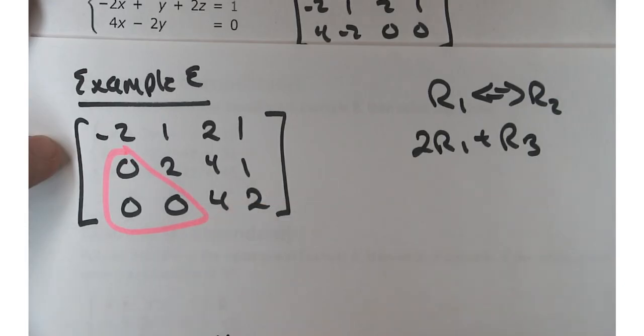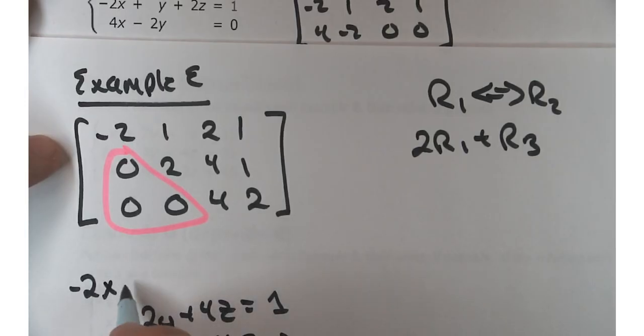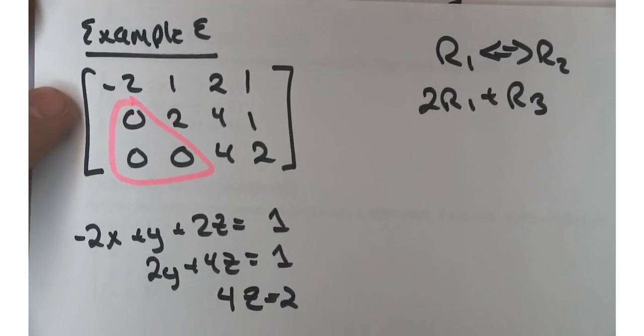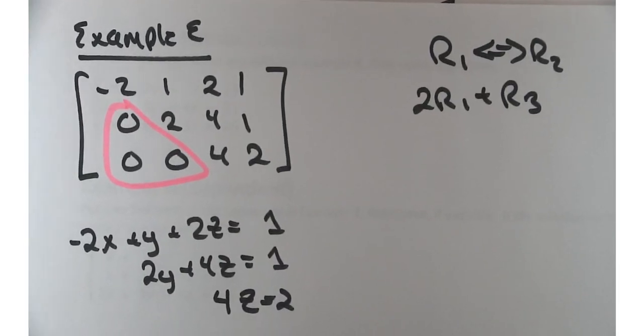That'd be 4z equals 2. And then 2y plus 4z equals 1. And negative 2x plus y plus 2z equals 1. Now I claim that it's nice to have it in this form. It's real nice.